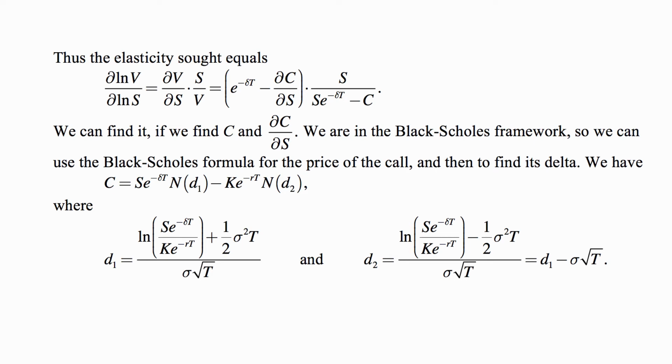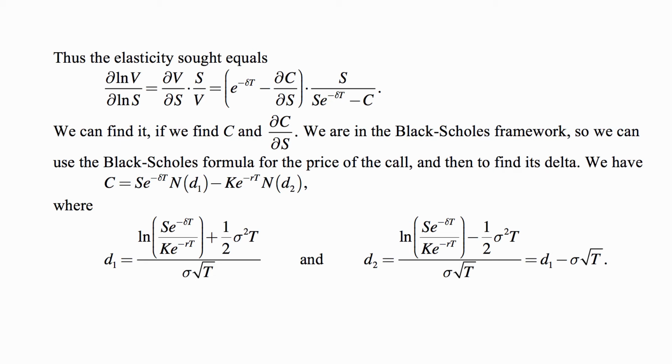The call price in the Black-Scholes model uses the Black-Scholes formula, which is the prepaid forward price of the stock, or price of the stock without the dividend, times N of d1, where N is the cumulative distribution function of a standard normal distribution, minus the present value of the exercise price under the risk-free rate, times N of d2.